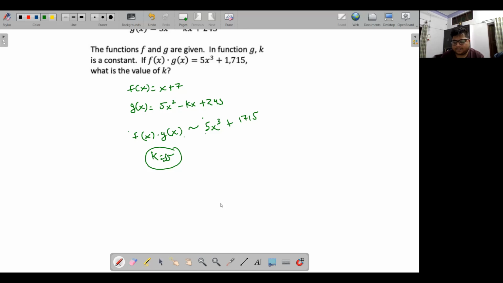And if you are attempting the SAT tomorrow, try to learn the basics of quadratic functions, which is very helpful because quadratic function questions are a little bit harder.